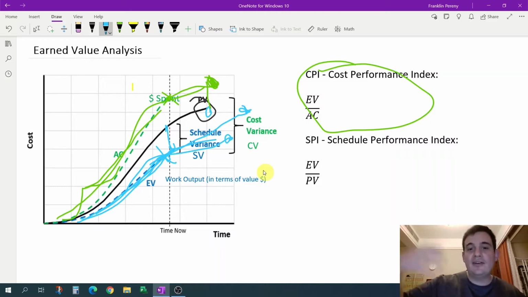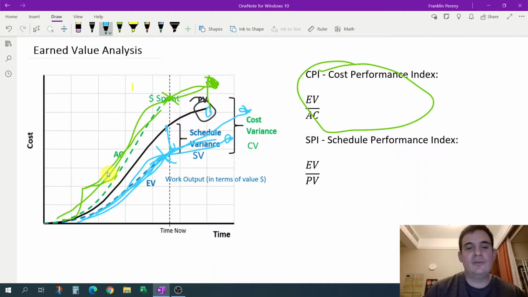And then to calculate the estimate to complete and the estimate at completion, you're just using these factors times your original plan. It's kind of like saying I'm going to look at the historical data and use that to estimate the future. So that's earned value analysis in a nutshell. I hope that was a clear explanation.